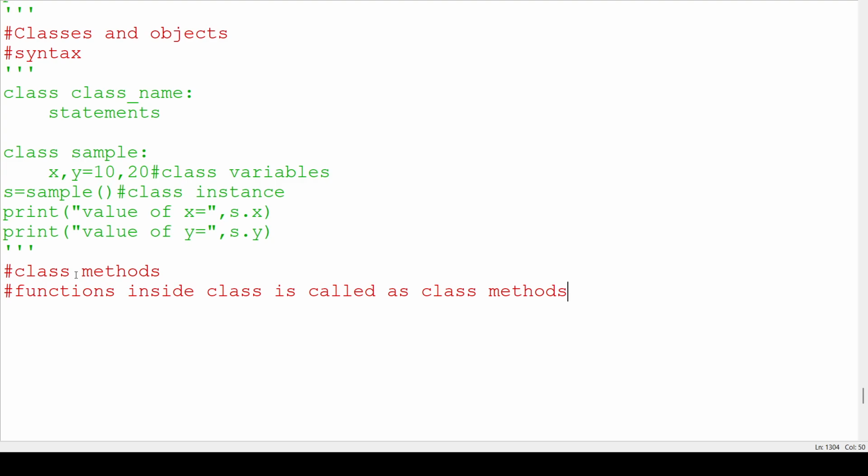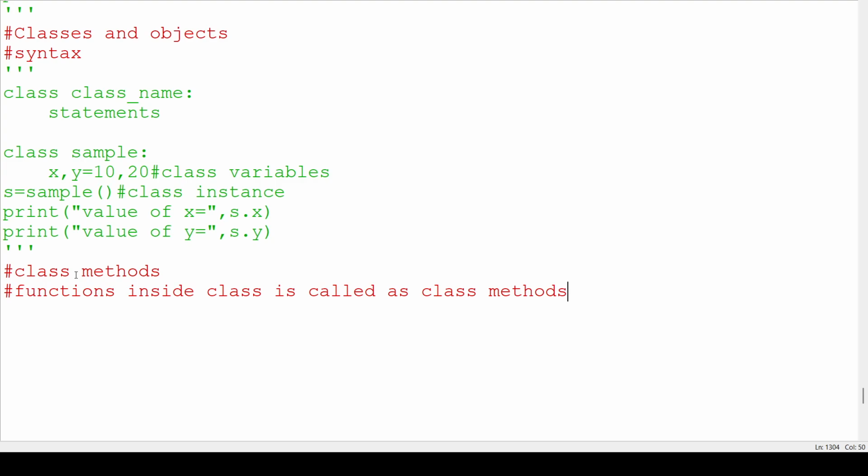A Python class method is very similar to an ordinary function, with a small difference: the class method must have the first parameter named self, though we can also use whatever name we want. There is no need to pass a value for this parameter when we call the method. Python provides its value automatically.